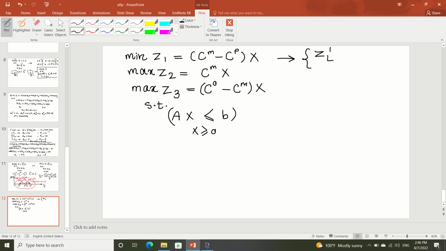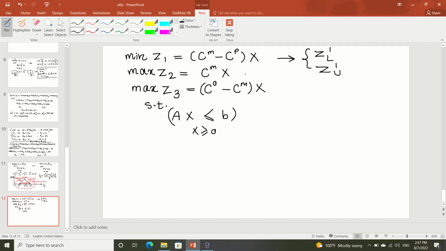The subscript is noted for the number of the objective function. And once we solve Z1 for maximizing, maximizing Z1 gives us the optimal solution for maximum and is called Z upper.